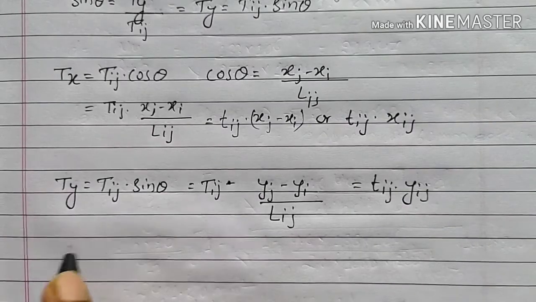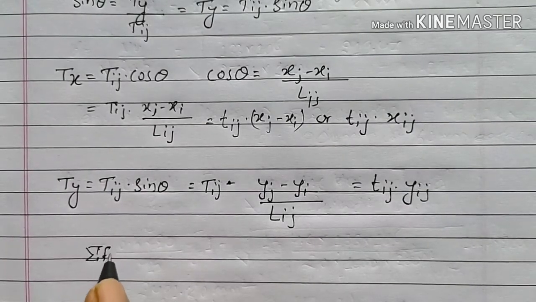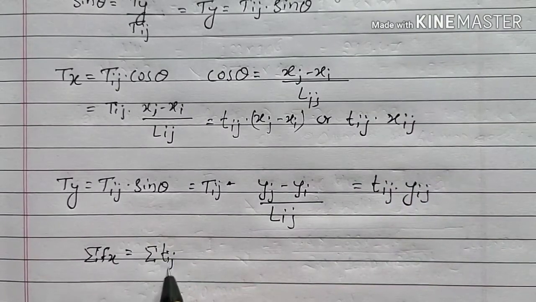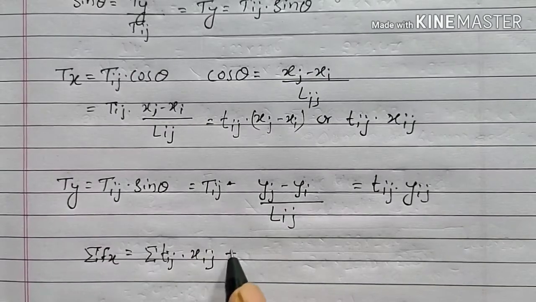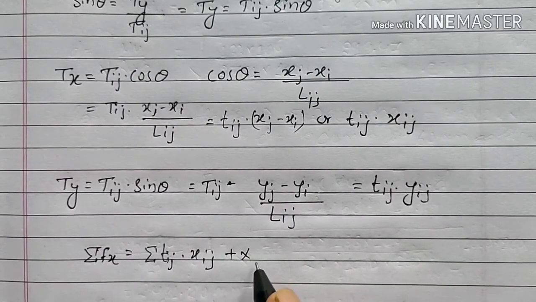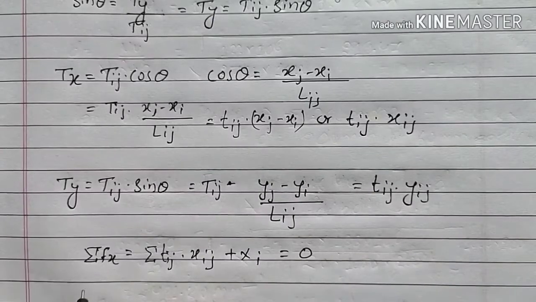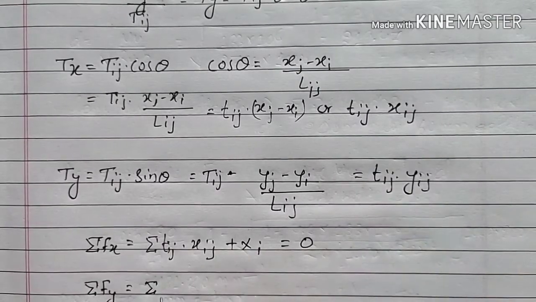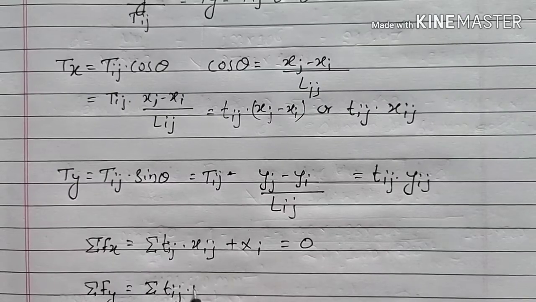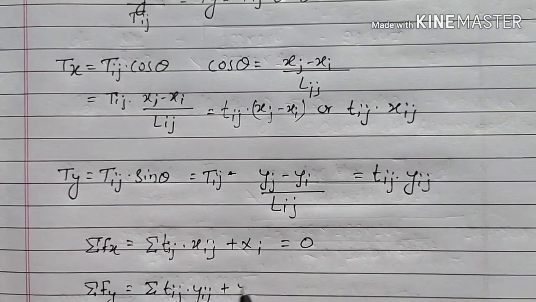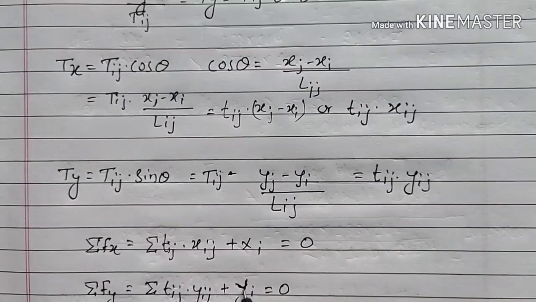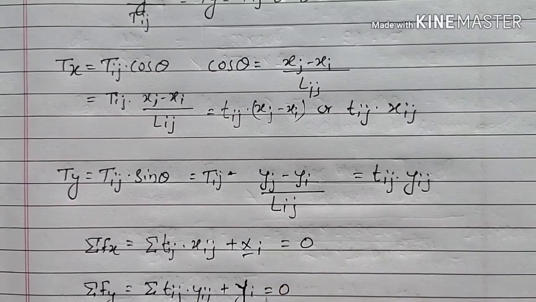The general equation along x direction, summation Fx, will be given by summation tij into xij plus X equals 0. Similarly, summation Fy equals summation tij into yij plus Y equals 0. This is our capital Y. We will come to know about these two things in the numerical.